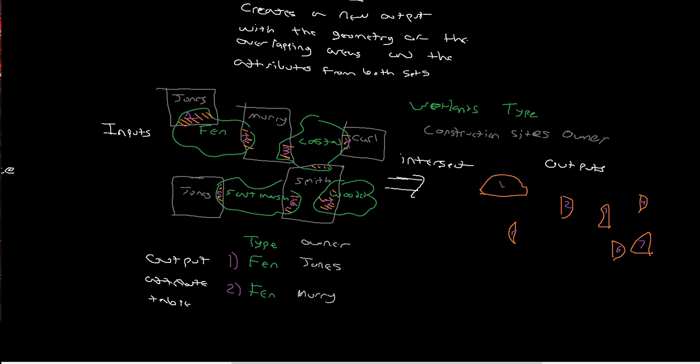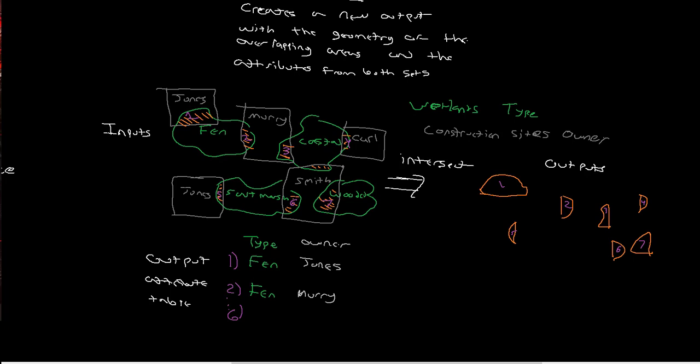Let's look at 2 more. Let's look at 6. We're going to jump down the attribute table a little bit and look at 6.